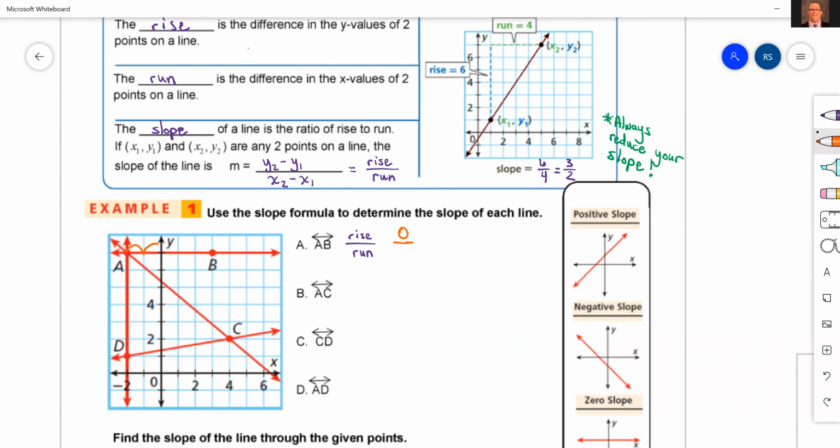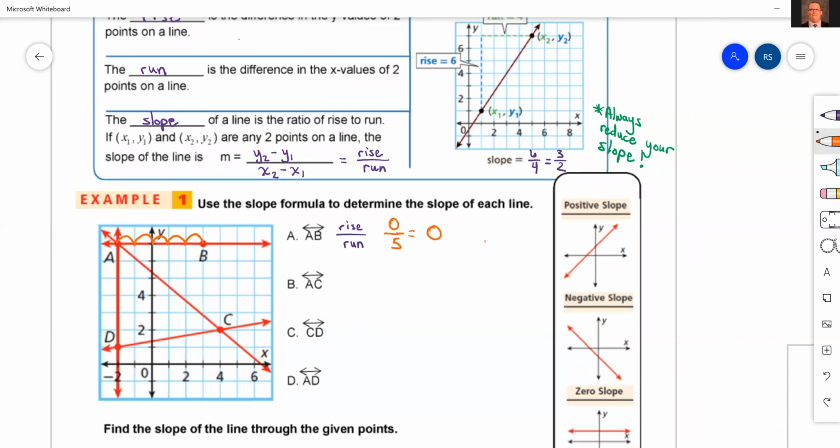I go 1, 2, 3, 4, 5. 0 over 5. What is 0 divided by 5? 0. So that's our slope. Our slope, which is m, equals 0.